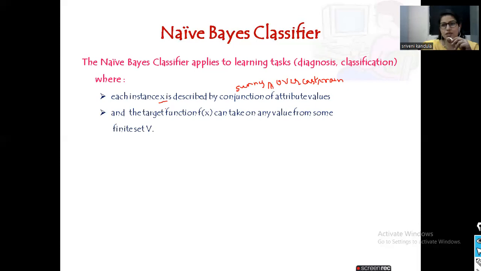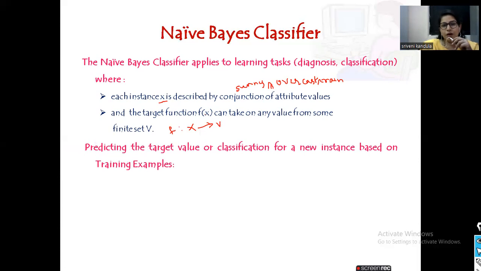Given any instance, you should be able to map that to the target value. We already know the representation, so the instance X should map to some V. All these sorts of learning problems can be solved with the help of the Naive Bayes classifier.